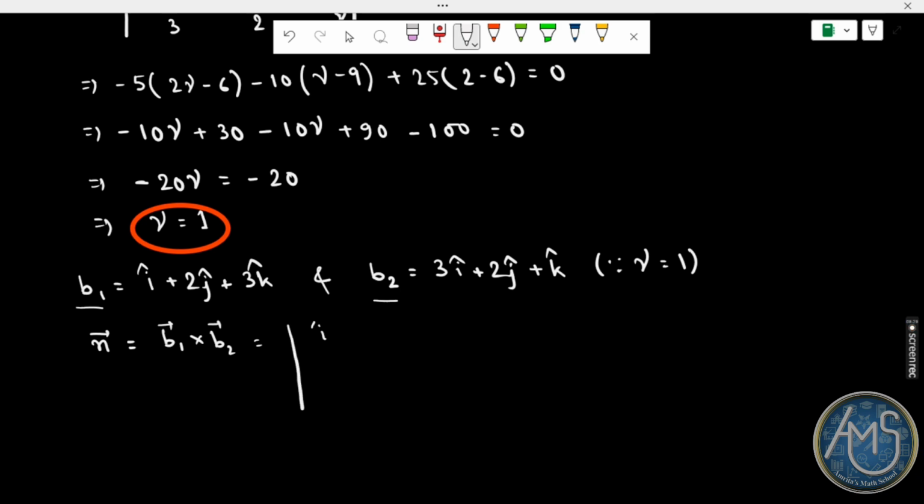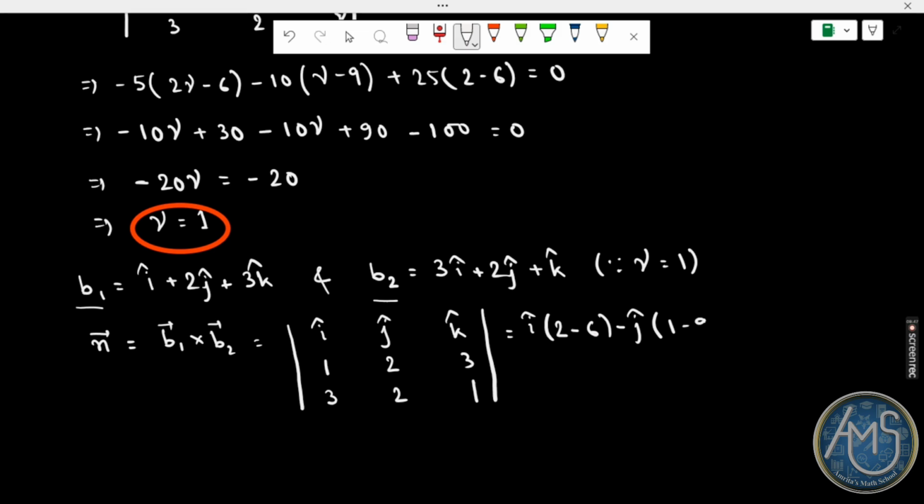That means i cap, j cap, k cap, 1, 2, 3, 3, 2, 1, which is equal to i cap into minus j cap into 1 minus 9 plus k cap into 2 minus 6.